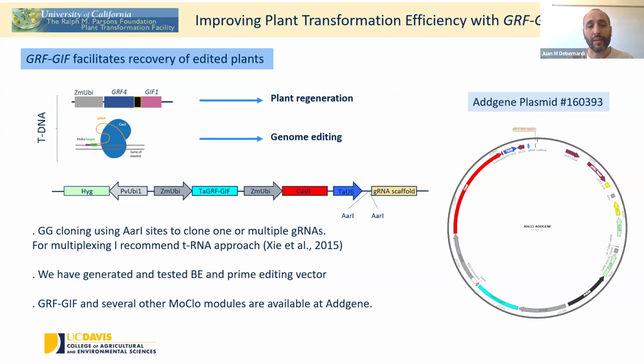We have generated base editors using GRF-GIF. We have also generated and tested a prime editing vector in wheat, and all those work very well. We have them as MoClo modules. There is also work from the Donald Danforth Center that combined GRF-GIF with Cas12, and those vectors are also available in Addgene, and they work very well.